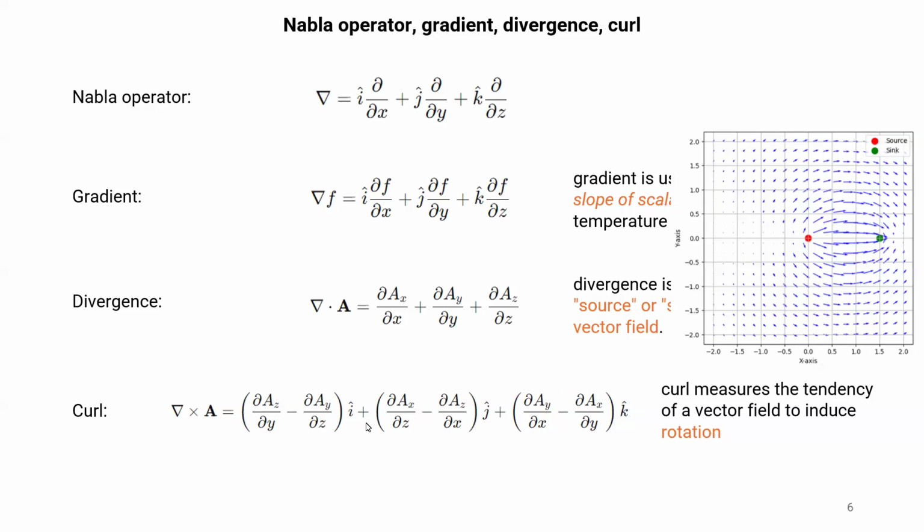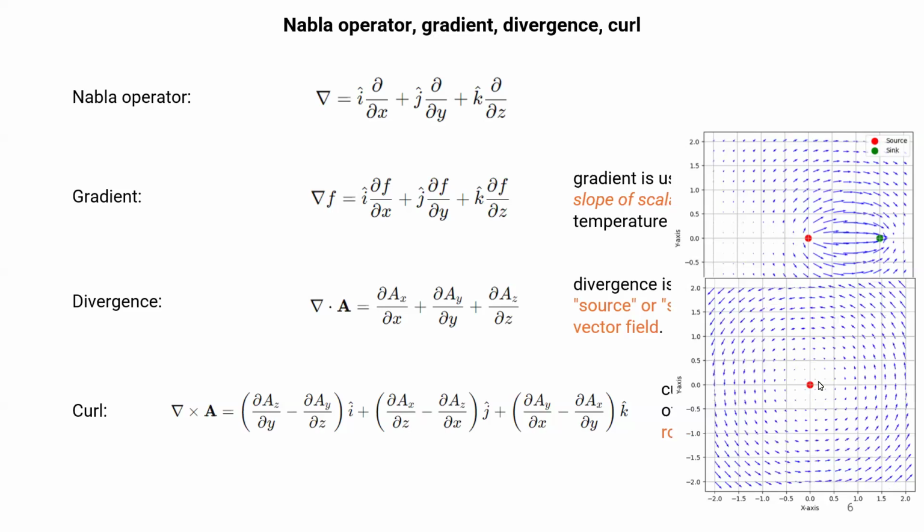The meaning of this new vector field is that it describes the rotation in my vector field, yeah, like this.